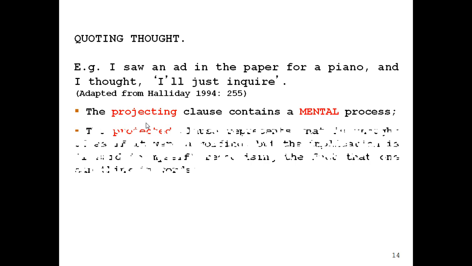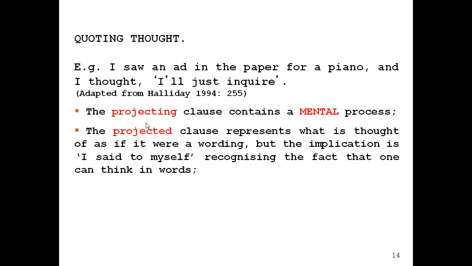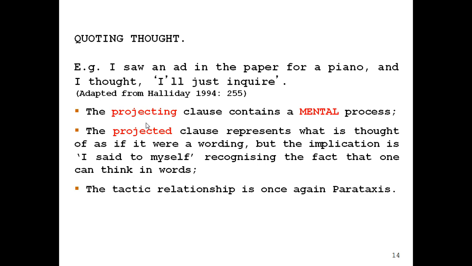We have this mental process, and we have a thought that is quoted literally, or we assume it to be literal, in inverted commas. So again, as before, the dependency relation is one of parataxis because the clause in inverted commas can stand alone.